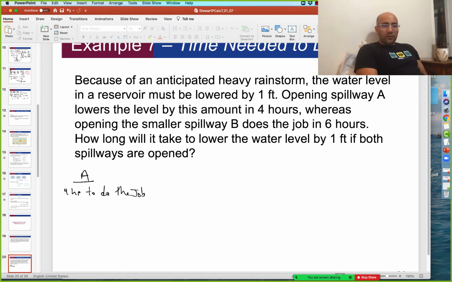So therefore, in 1 hour of time, spillway A completes 1 over 4, or 0.25, or 25% of the job.